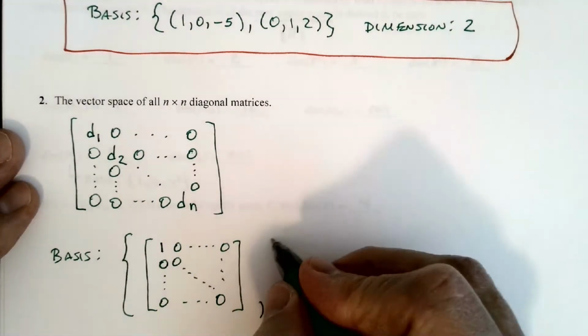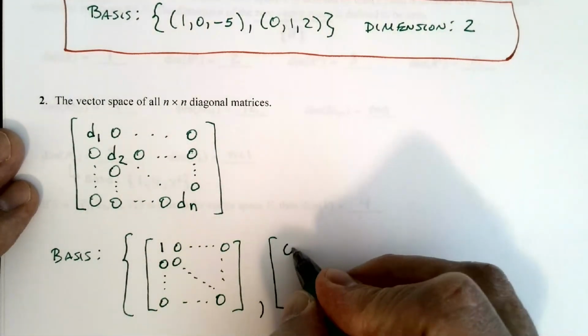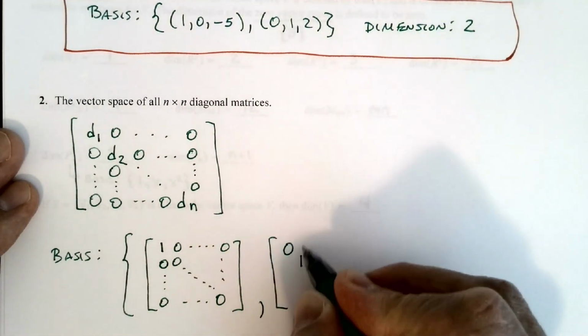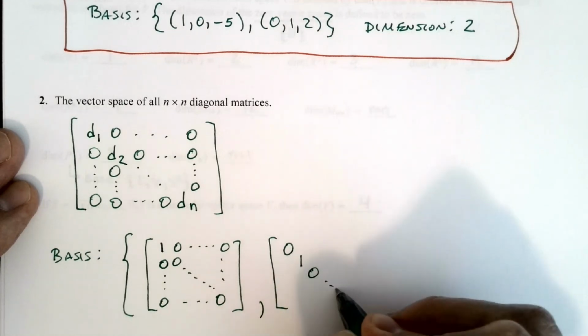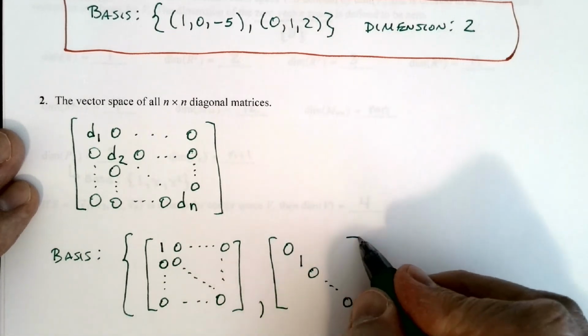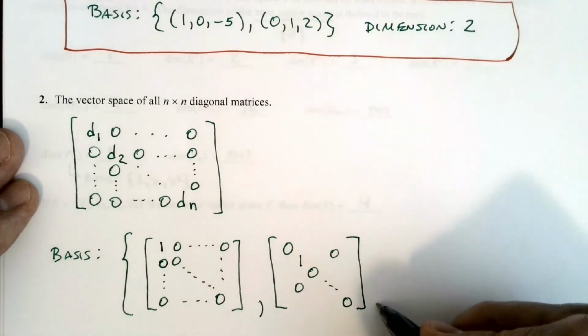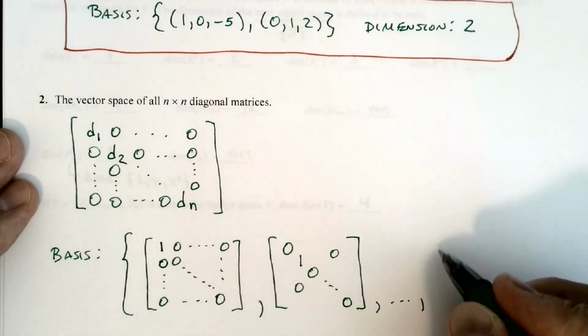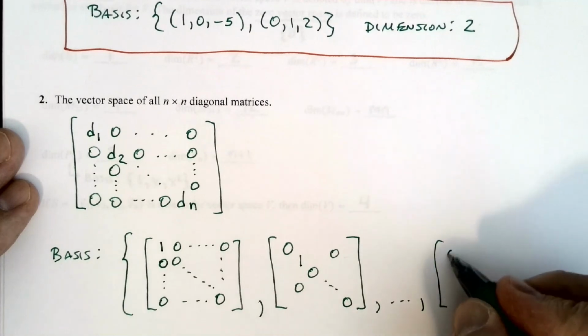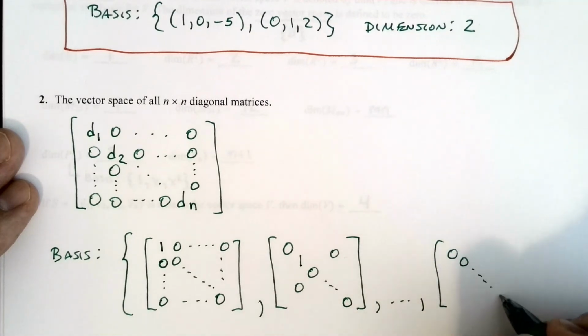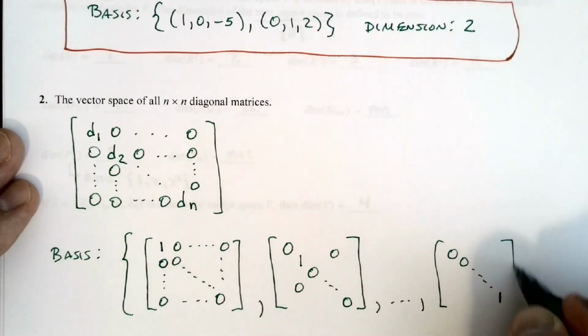The second matrix will be what? A 1 in the second row, second column, zeros everywhere else. I'll just put 0, 0, 0 everywhere else. And then lastly, what? Zeros everywhere but this last row, last column entry.